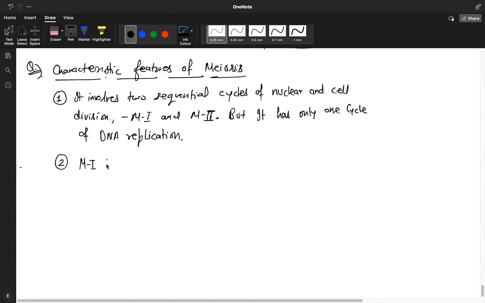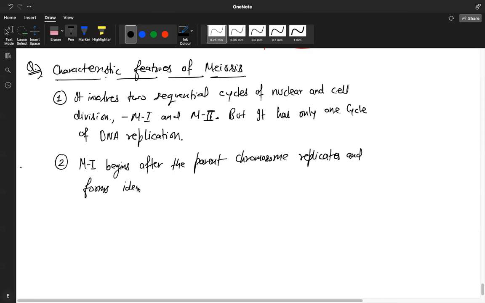So Meiosis-1 begins after the parent chromosome replicates and forms identical sister chromatids at S phase. So here also the interphase is there.